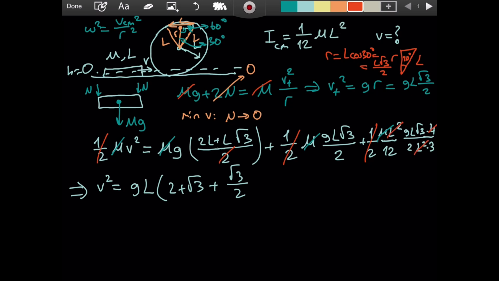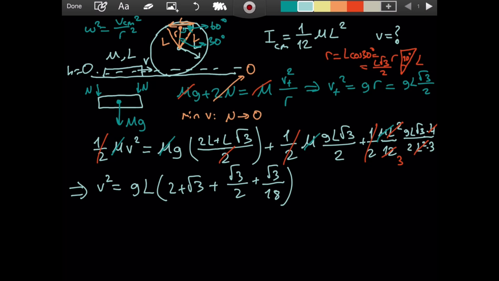This 4 and this 12, well, that gives a 3. So what do we have? We have square root of 3 plus the square root of 3 over 3 times 3 is 9 divided by 18. Interesting.